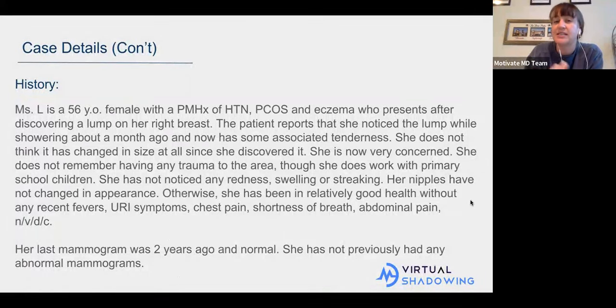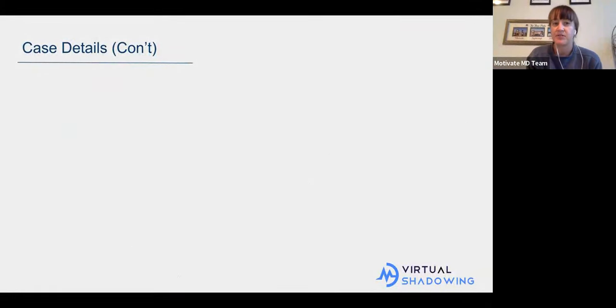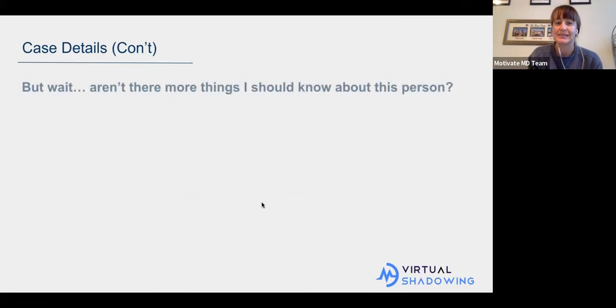Okay. So this is very baseline information, that first time you're meeting somebody, asking questions, getting the story. This is the sort of stuff you might get. But for a patient like this, I'm immediately a little bit more concerned, because she is in the age bracket where many women develop breast cancer, which is usually postmenopausal.